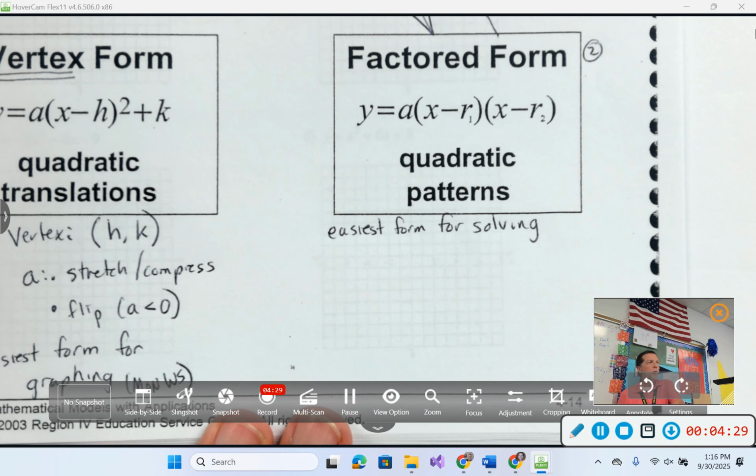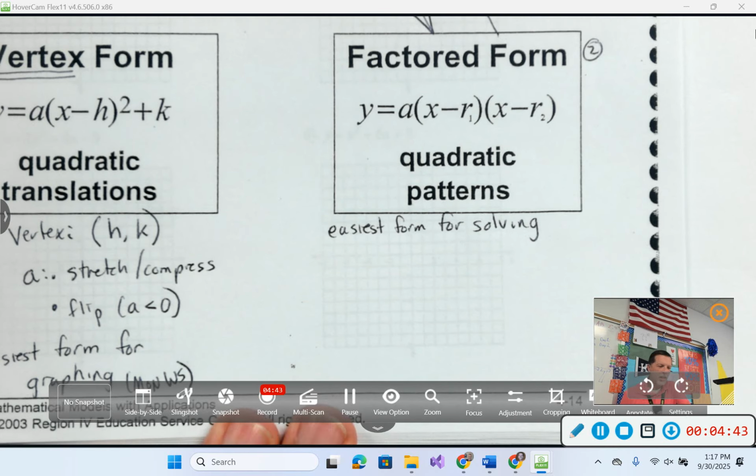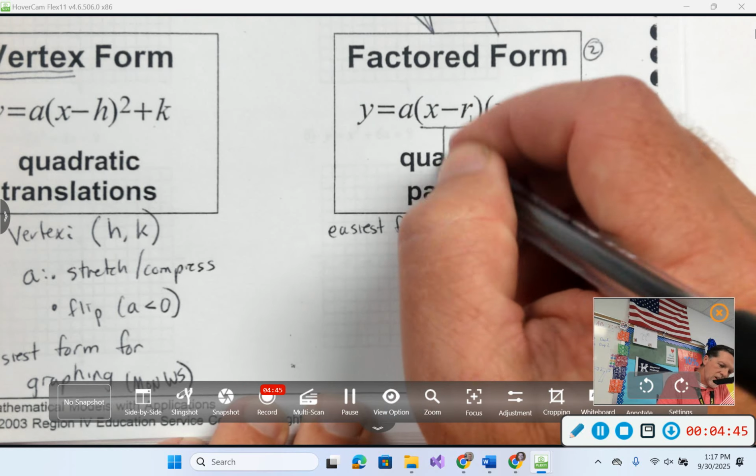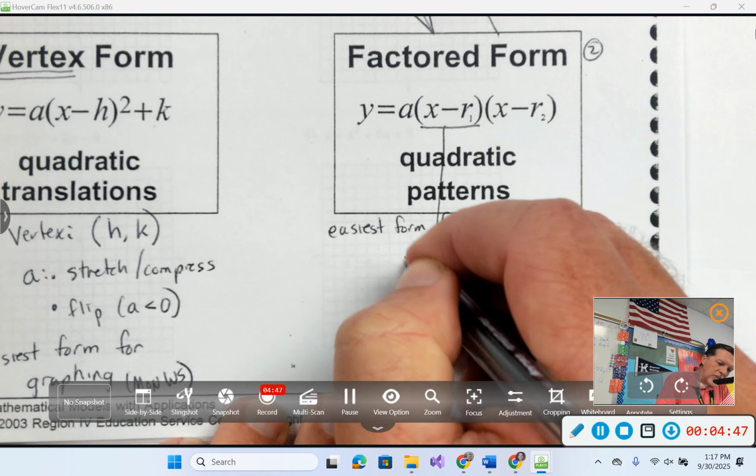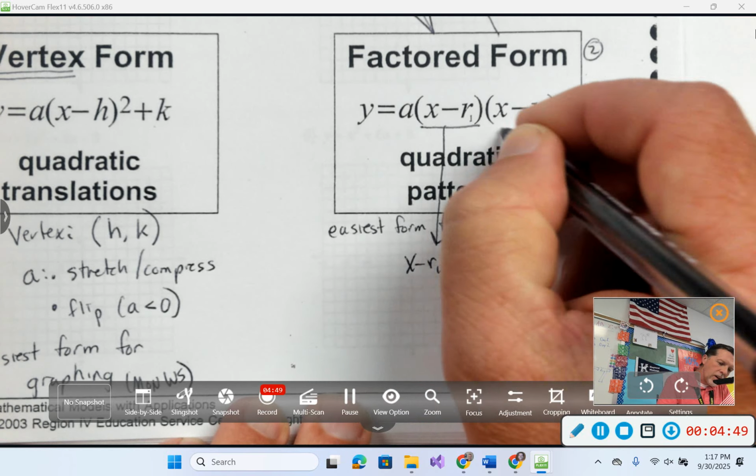Do you know what you do with the factors if you want to solve or if you want to find where the zeros are? It's easier than all of that. We would just set each one equal to 0.